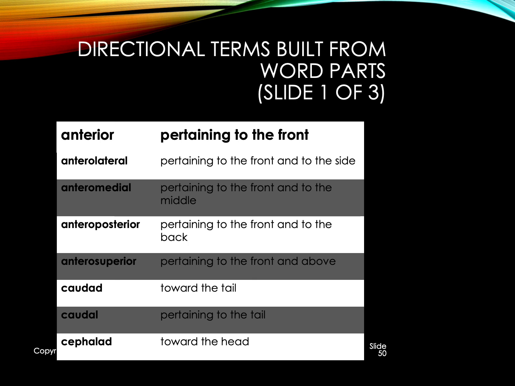Then we go back to the front of the word, and antero, which means front, and lateral, which means side. Now, anteromedial means pertaining to the front and middle. Anteroposterior means pertaining to the front and the back. Anterosuperior means pertaining to the front and above.